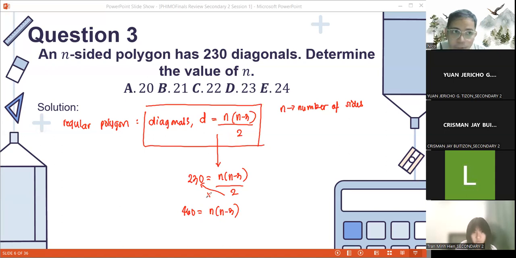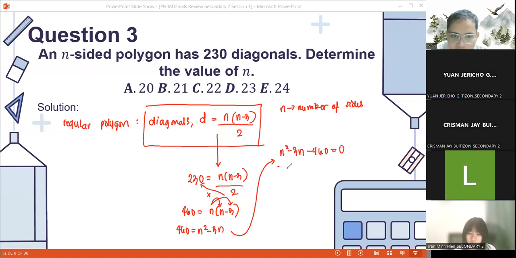So you can do your quadratic equation. Let's distribute n, so this becomes 460 is equal to n squared minus 3n. Equating this to 0, we get n squared minus 3n minus 460 is equal to 0.